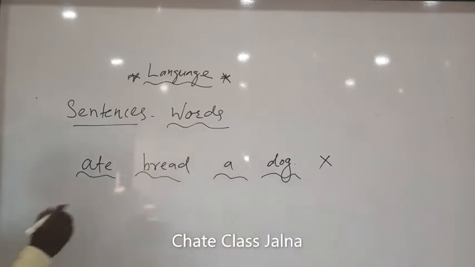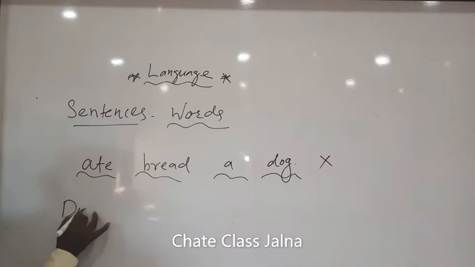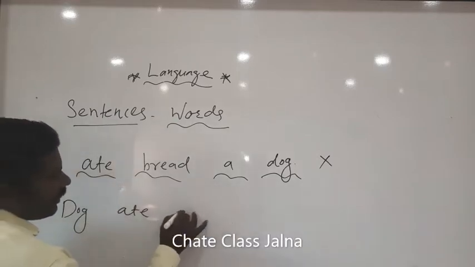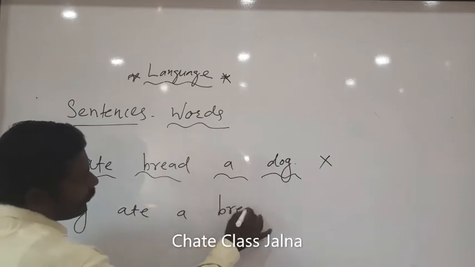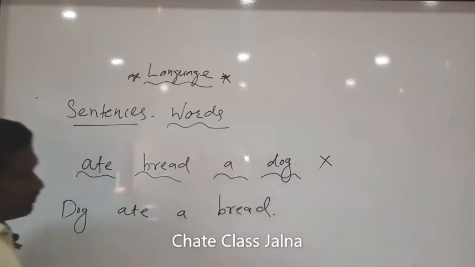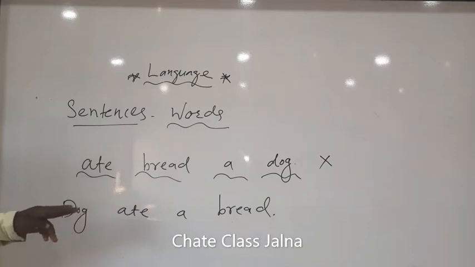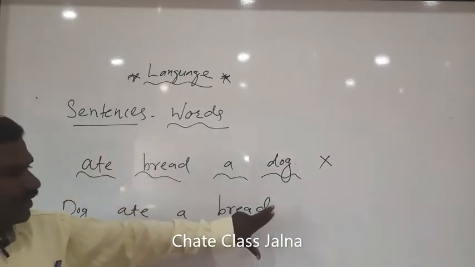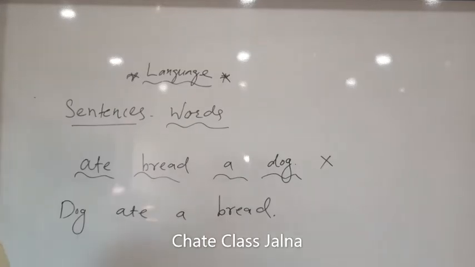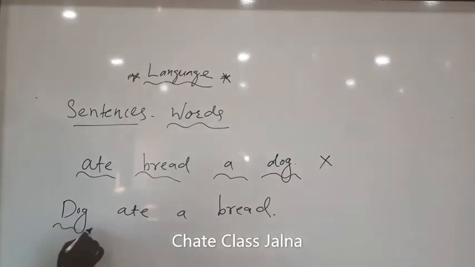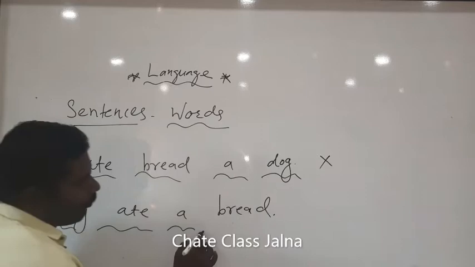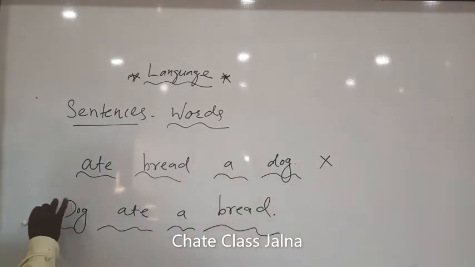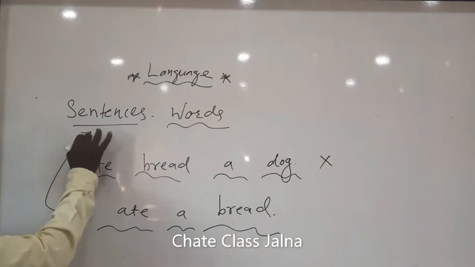If I write like this now, dog ate a bread. Now see here, our work is done. We are getting the complete sense, we are getting complete meaning here, and it is what we call a collection of meaningful words which gives us the complete sense, called the sentence.